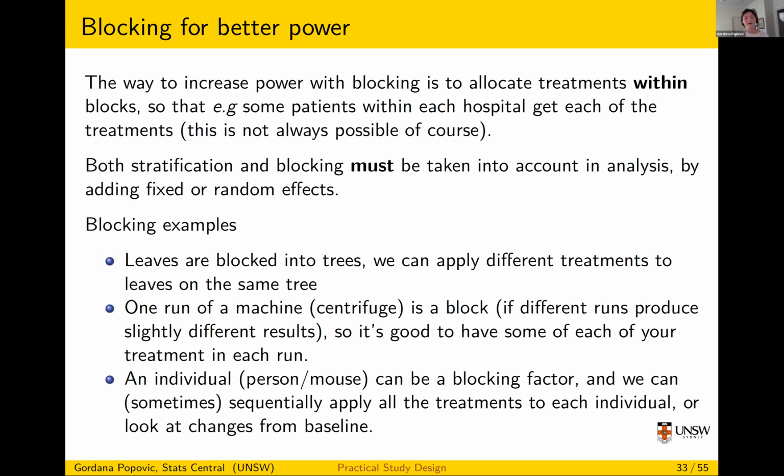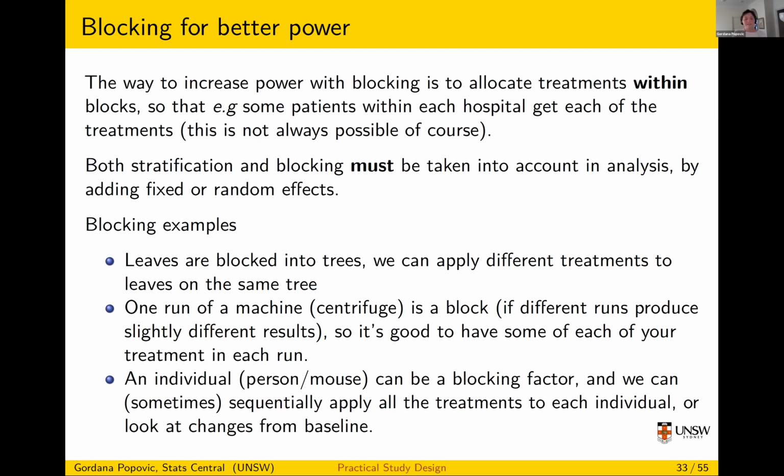Or if you have a machine, a centrifuge, for example, and the different runs might produce different results, then you might want to put each of your treatments in each run so that you can control for the blocking of the machine, and that won't increase the variation between units. Or a person or an individual, like a person or a mouse, can be a blocking factor.